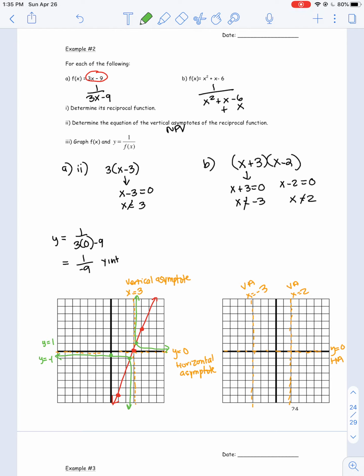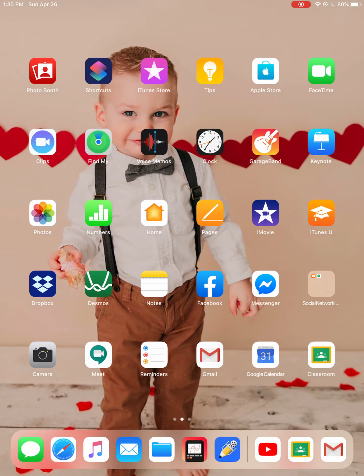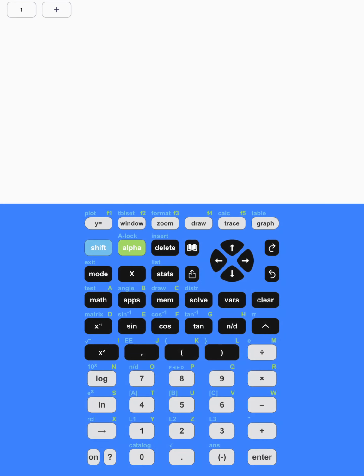So we're graphing the f of x, which is the red one, and the y equals 1 over f of x, which is the reciprocal. That's the green one. Okay, so you can check with your graphing calculator. So I'm going to show you what that looks like. Go to y equals, clear whatever you have there.